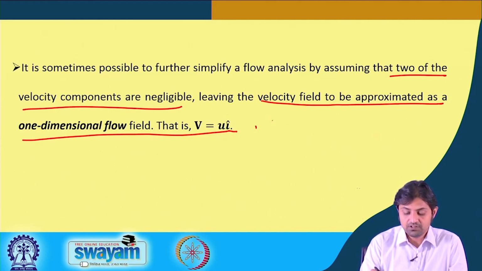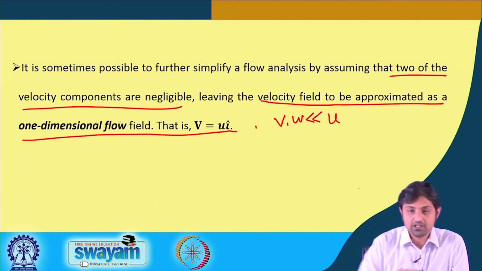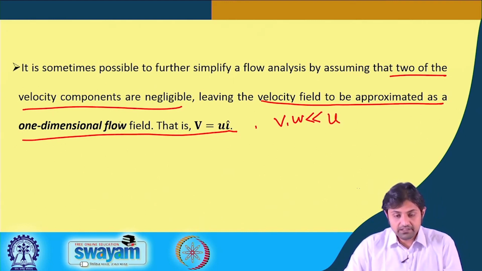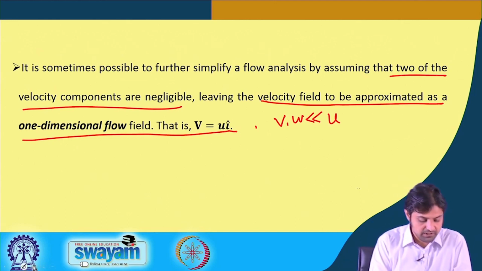This means that v and w are very, very small compared to u. So this is one-dimensional flow. In reality, such flows can exist, but they have to be properly experimentally controlled. But in general, the velocity is three-dimensional in nature.